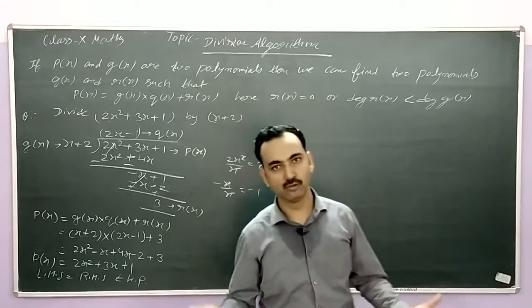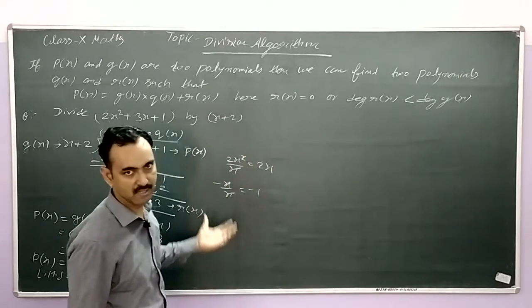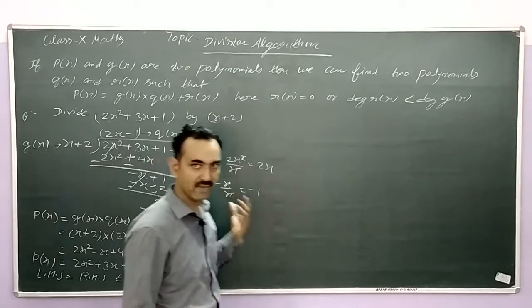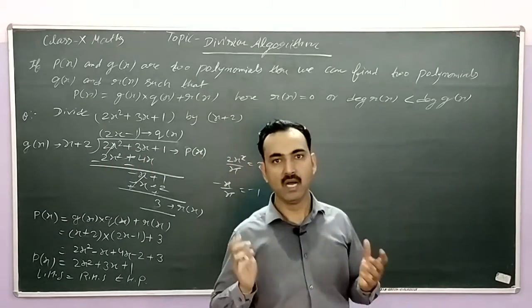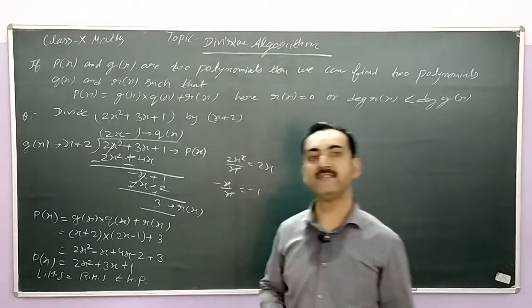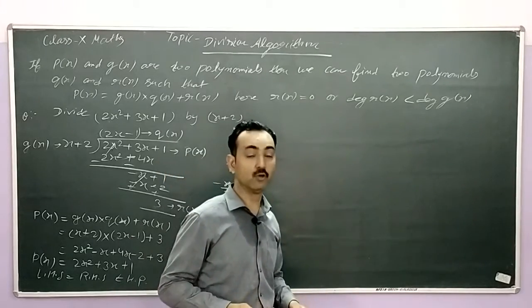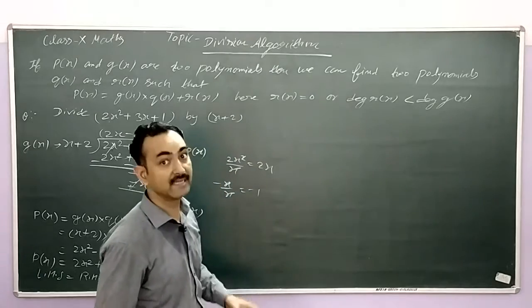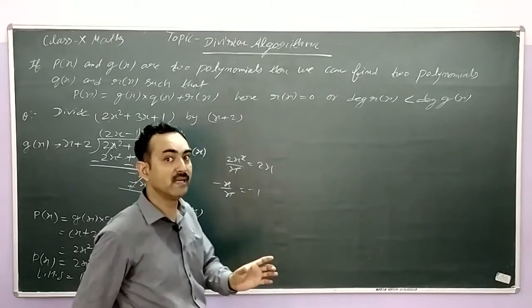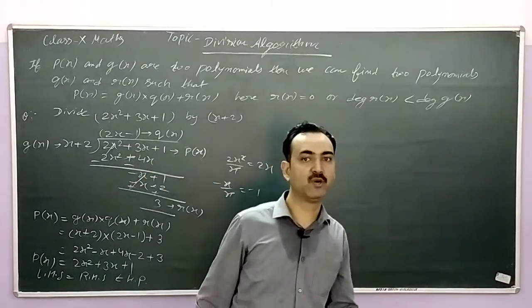I think you have understood the meaning of the division algorithm, how we verify it, and how we can use it to prove that one polynomial is a factor of a given polynomial.